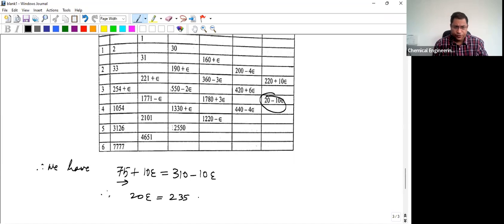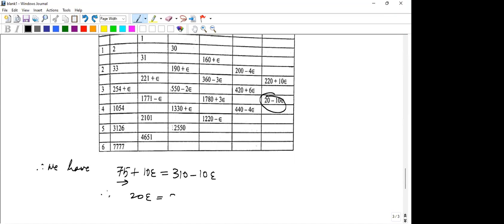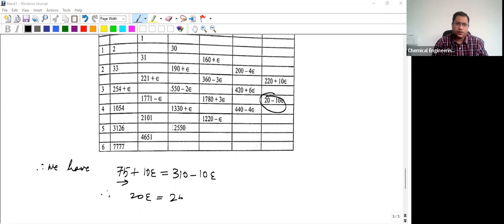Is it 235? What is the value you get here? Yes, sir. So we get 235. And hence, what will be the epsilon? Epsilon will be 235 by 20.